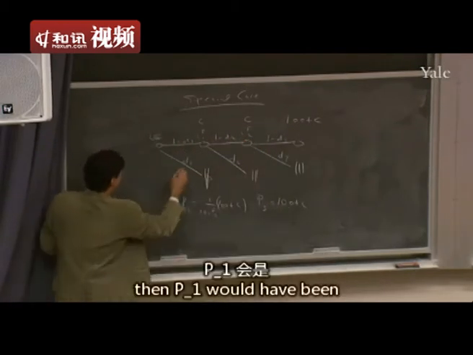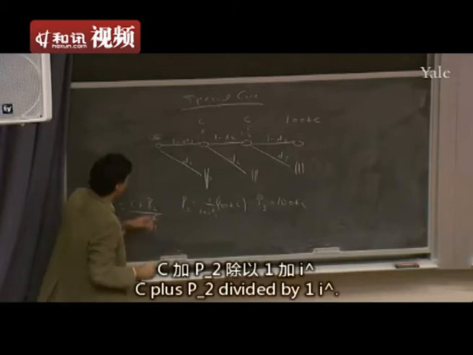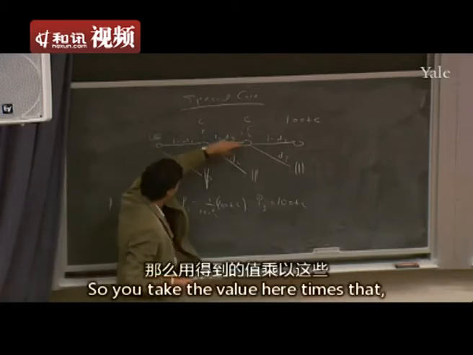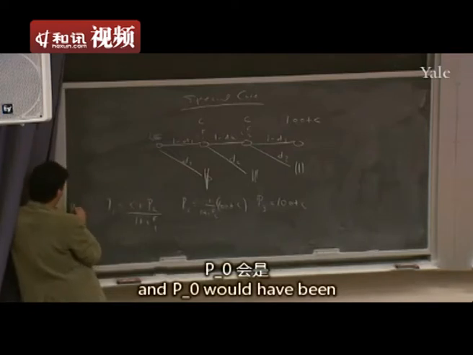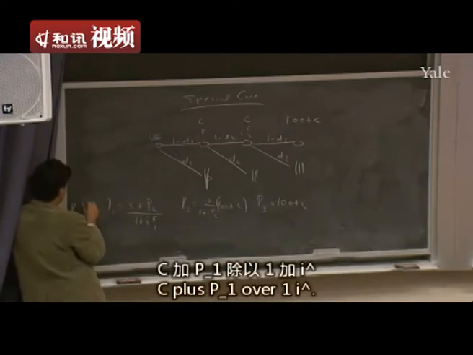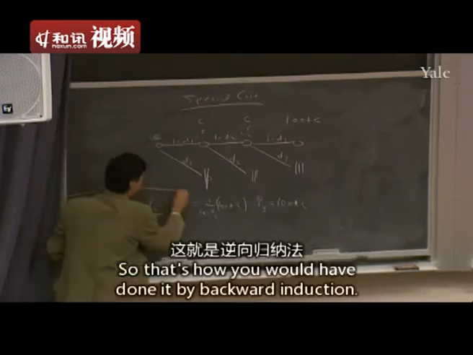Then P1 would have been C plus P2 divided by 1 plus IF1. So this is in case there's no default. And P0 would have been C plus P1 over 1 plus IF0. Right? So that's how you would have done it by backward induction.